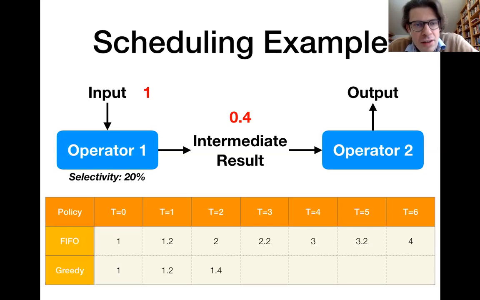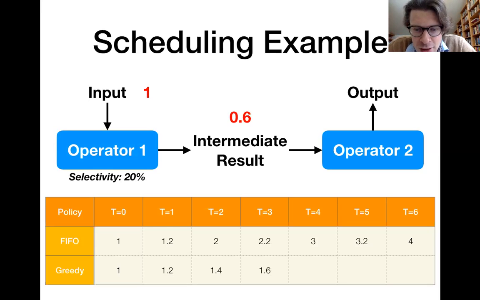And if we continue here, it's the same thing. Operator 1 allows us to get rid of more tuples. So this is why I would prefer invoking this operator in the next time step. And now the intermediate result grows by 0.2 again. And the input doesn't change because one gets deleted, one gets inserted, nothing changes.